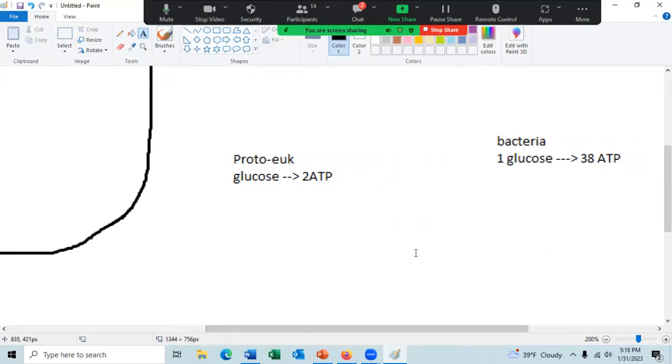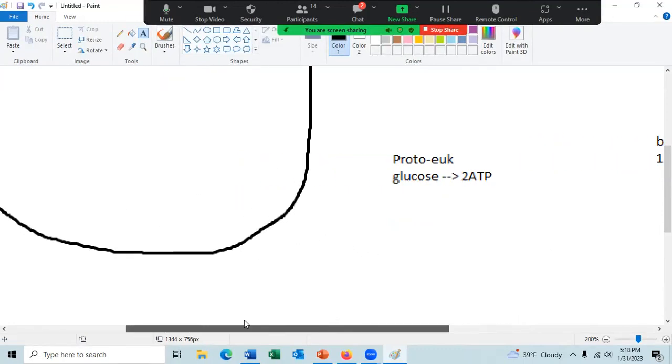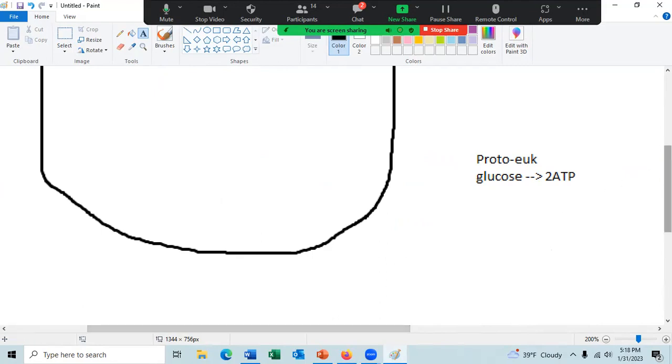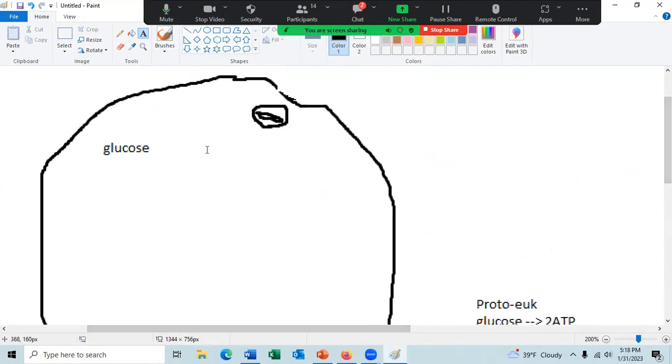Anyway, so the glucose from the cytoplasm of the proto-eukaryote cell went into the vesicle, and then the bacteria used the glucose and made 38 ATP. And probably because life was young and early, there was a lot of mixing, like the glucose moved from the proto-eukaryote to the bacteria.